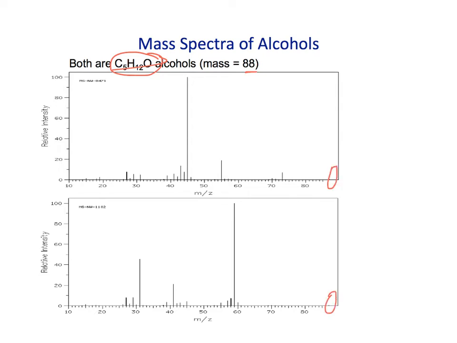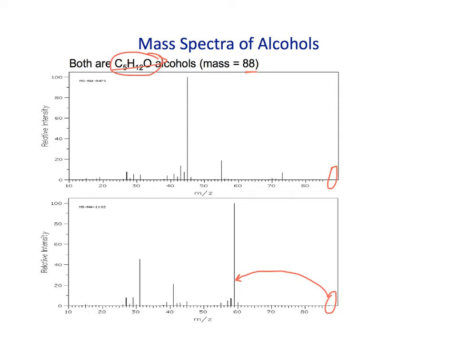And if I blew this up, there is a teeny tiny little ion right here. But because that molecular ion is so small, it tells us that these alcohols fragment easily. So what we want to look at is, from 88, the distance down to either the first ion that's formed, oftentimes, or to the biggest one.